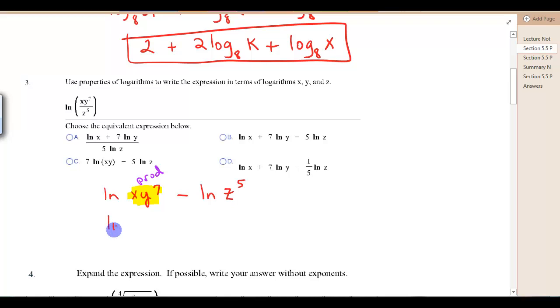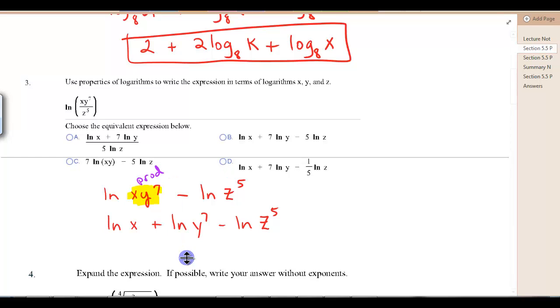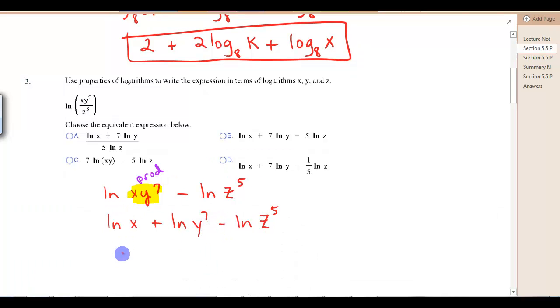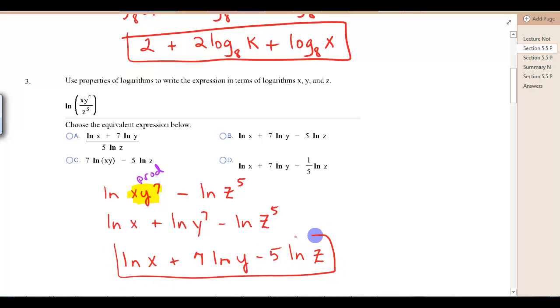So we have ln x plus ln y to the 7th minus ln z to the 5th. All right, we can do one more thing and bring the powers down. Ln x plus 7 ln y minus 5 ln z.